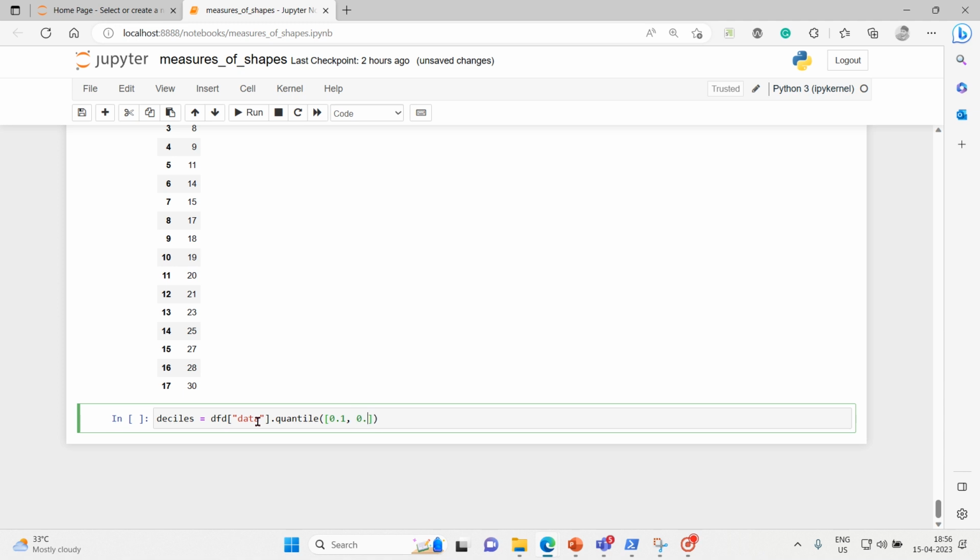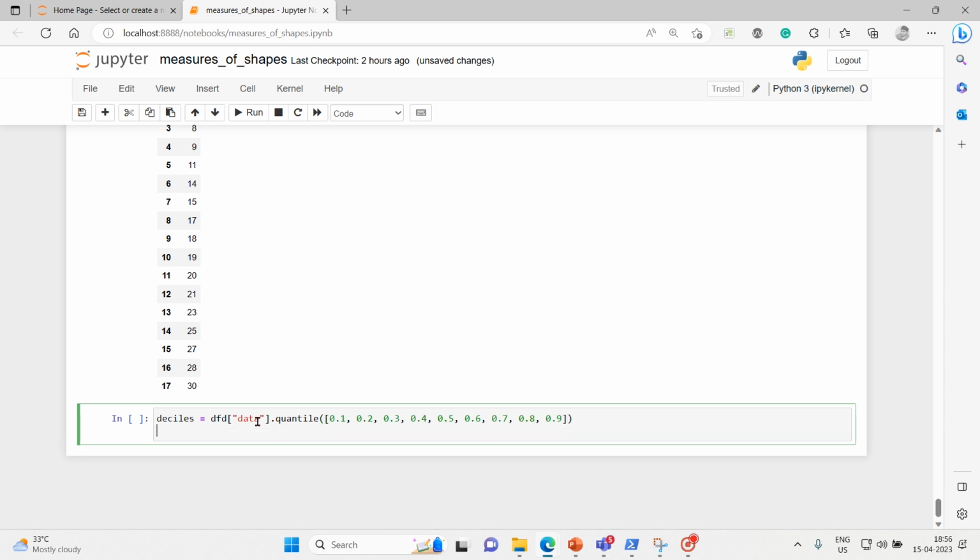Similarly 0.2, decile 2, 20% of data falls. 0.3, 30% of data falls below that value. Then 0.4, 0.5, 0.6, 0.7, 0.8, 0.9, and that's it.